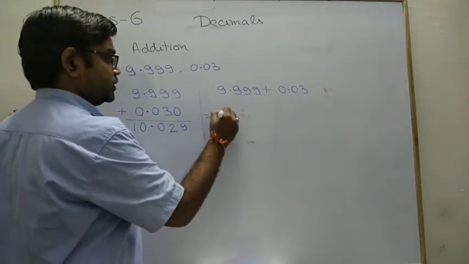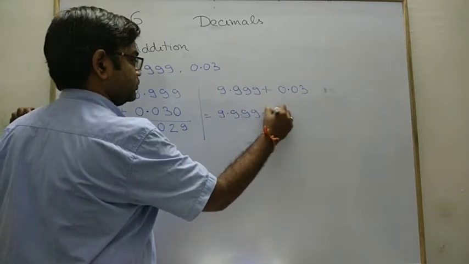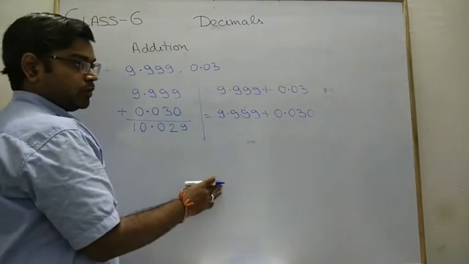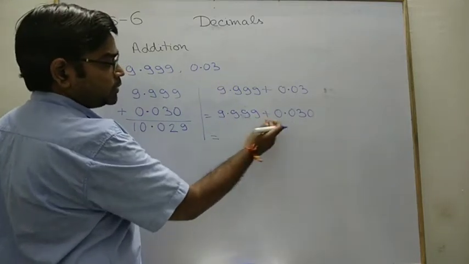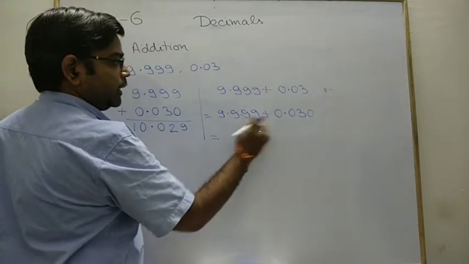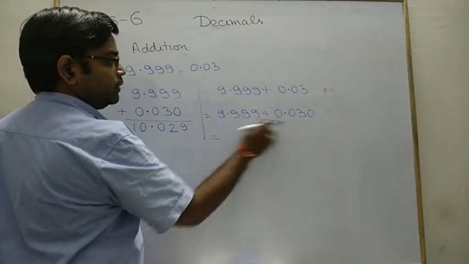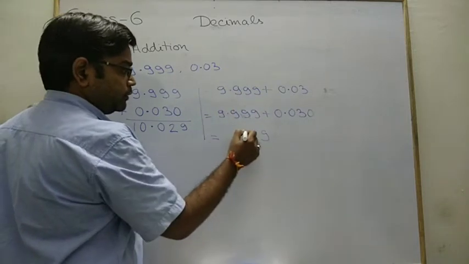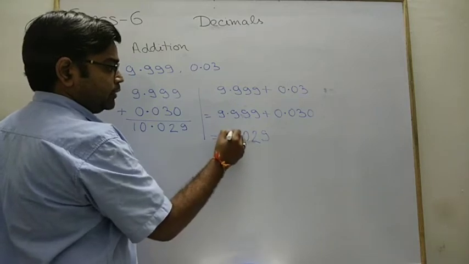So in this case, clear. Now add them. Just see, we start from the right hand side. 9 plus 0 is 9. 9 plus 3 is 12, 1 carry. 9 plus 0 is 9, and that 1 carry makes 10. 1 carry, then place the decimal, 10.